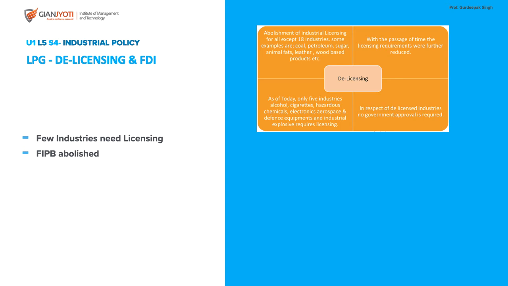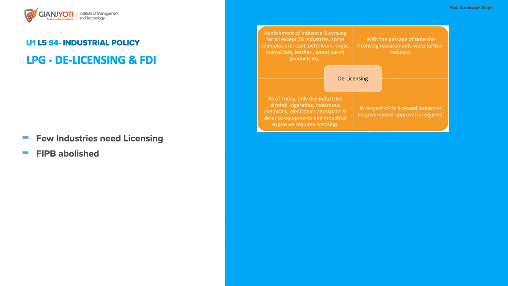So over a period of time, they even reduced licensing requirements from the 18 industries to only 5 industries. So these 5, which you will be willing to know: alcohol, cigarettes, chemicals, aerospace and defense equipment, and explosives.